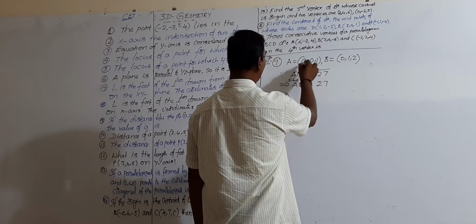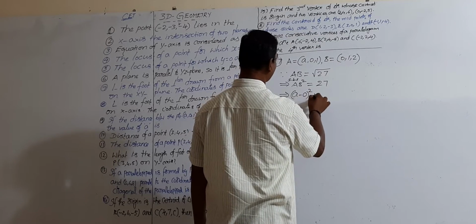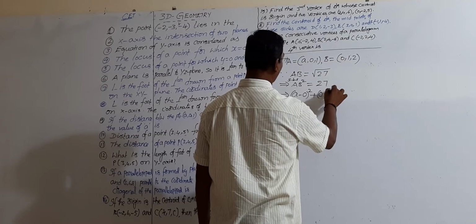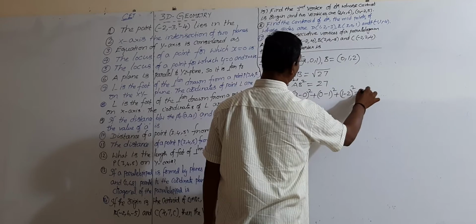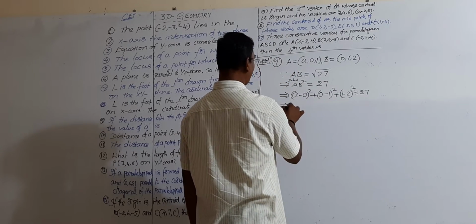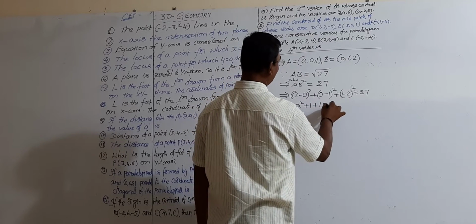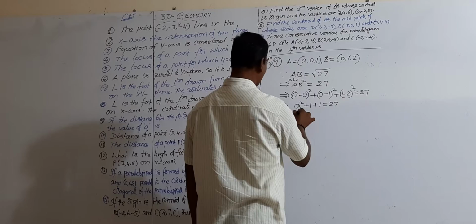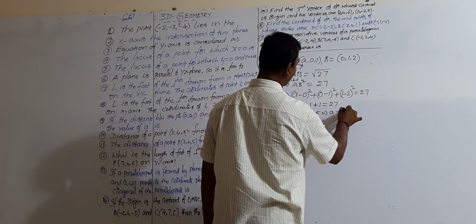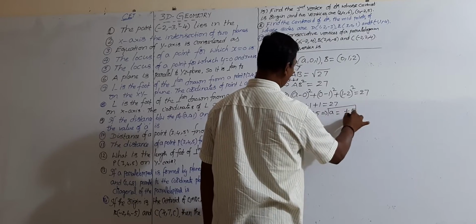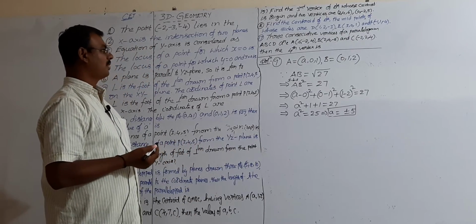Using the formula, (a minus 0) squared plus (0 minus 1) squared plus (1 minus 2) squared is equal to 27. Simplify: a squared plus 2 is equal to 27. So a squared is equal to 25. Then a is equal to plus or minus 5. So this is also a very simple case.